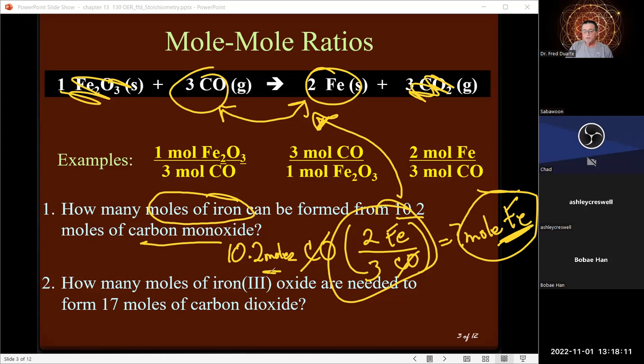Note that we're dealing with moles, but you can take one step back. You start with grams of carbon monoxide, convert that to moles of carbon monoxide, using the ratio from the balanced chemical equation, convert that to moles of iron, and having the atomic weight of iron go to grams of iron. But right now we're going to just start with the moles, and the grams come in here in a bit.